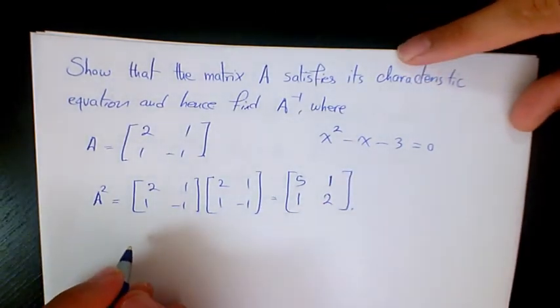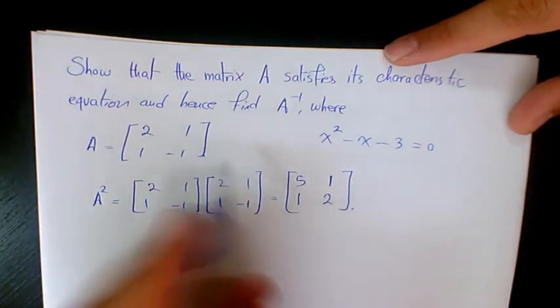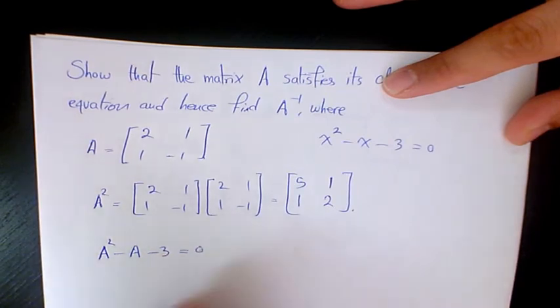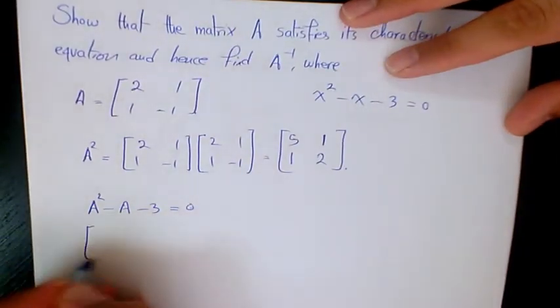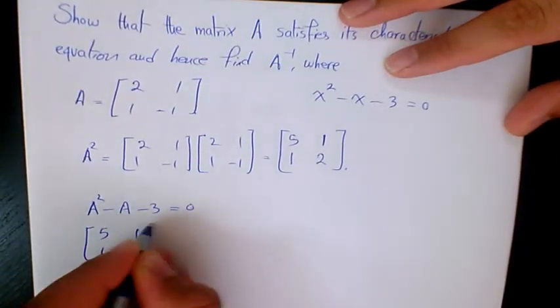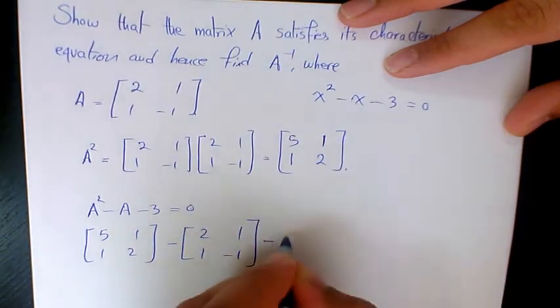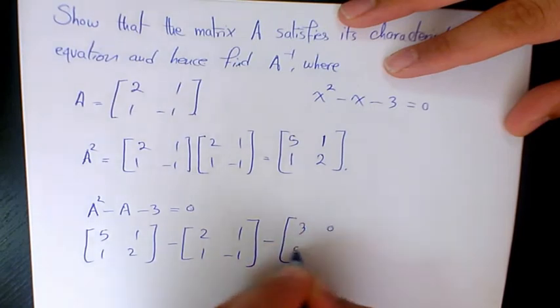So therefore, we're going to say A squared minus A minus 3I equals 0. 5, 1, 1, 2 minus 2, 1, 1, negative 1 minus 3, 0, 0, 3.